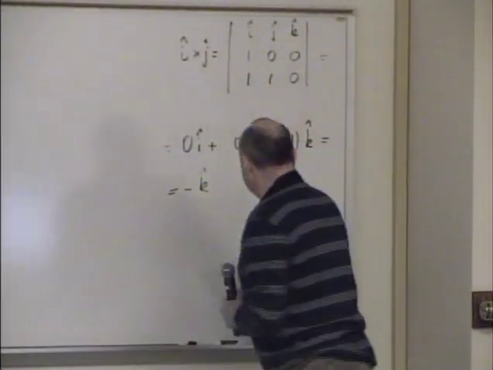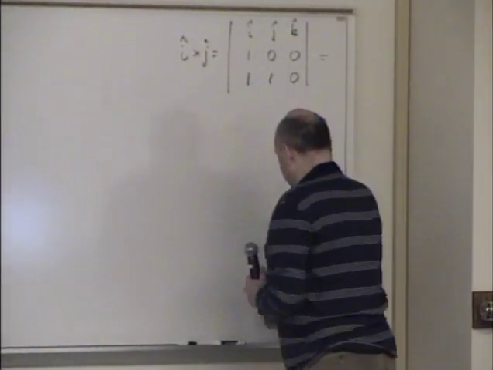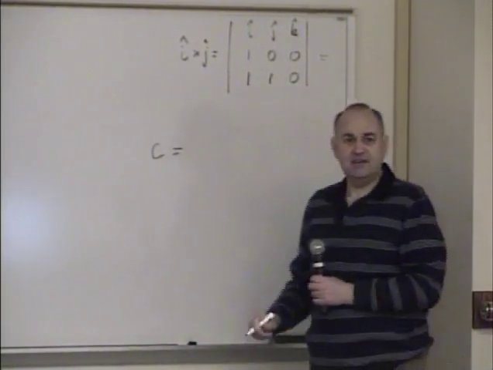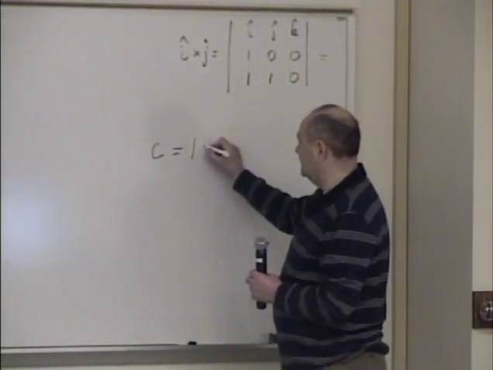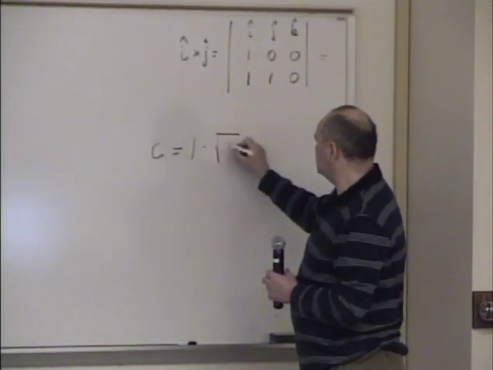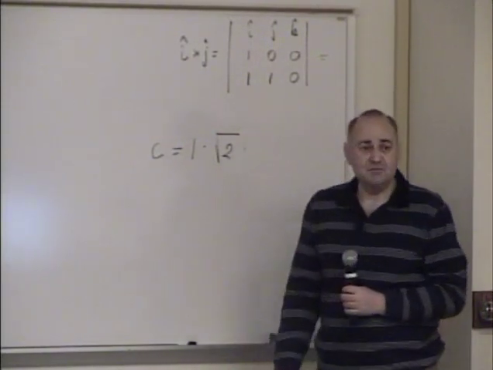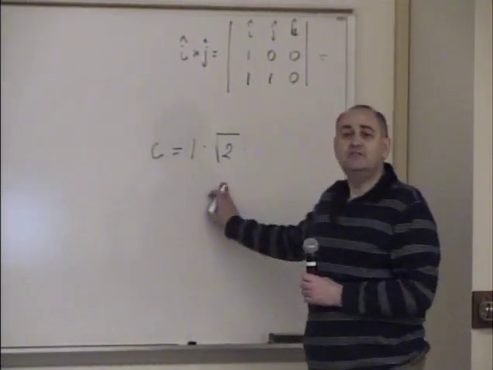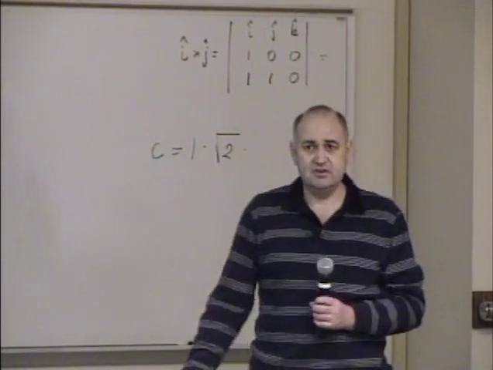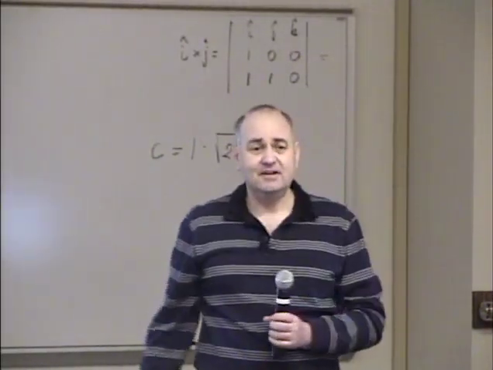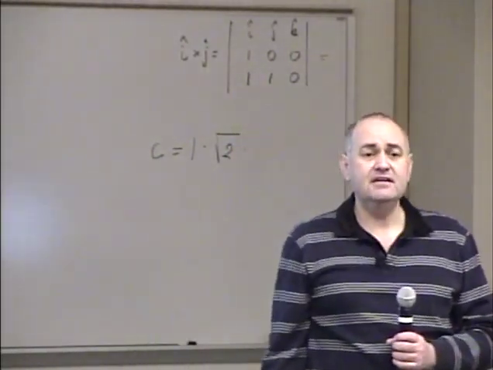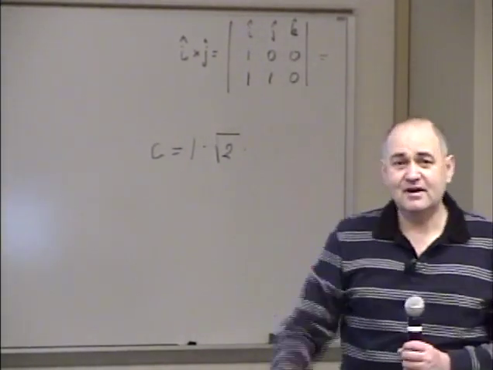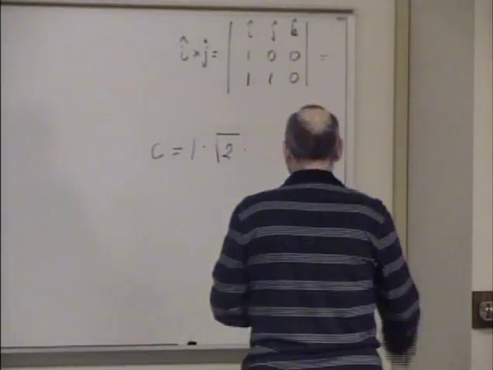Therefore, the magnitude of the product is going to be 1 times square root of 2, not square root of 2 over 2. It's longer than 1, right? Now we have to multiply it by sine of 45 degrees, and that one is square root of 2 over 2.